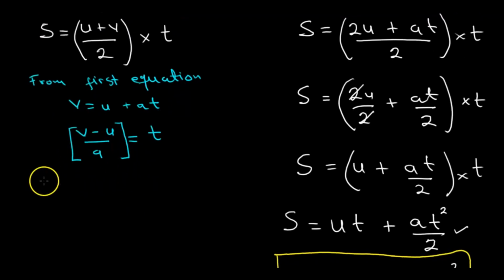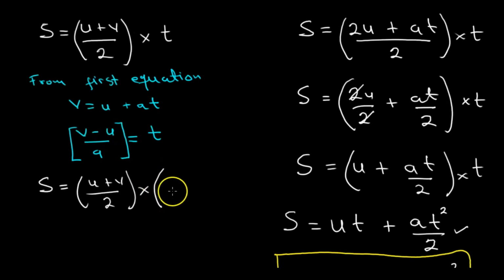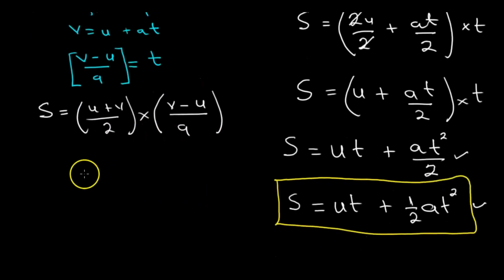So that is going to give me s equals u plus v over 2 multiplied by, instead of t, the whole of v minus u over a. Now all I need to do is to simplify this relation.